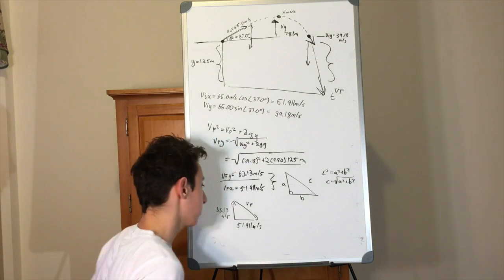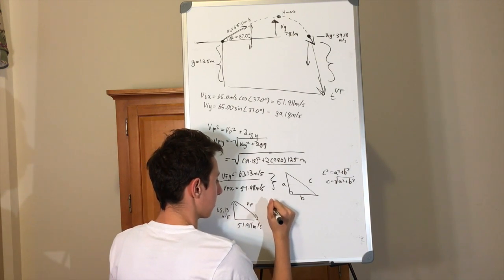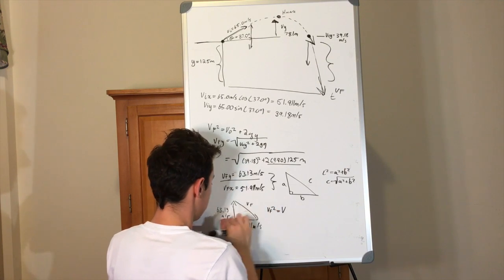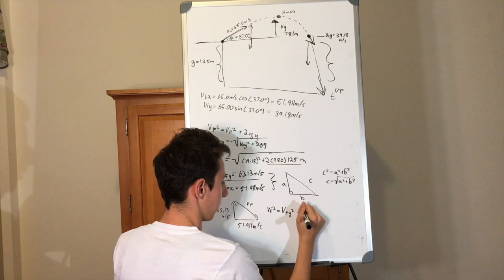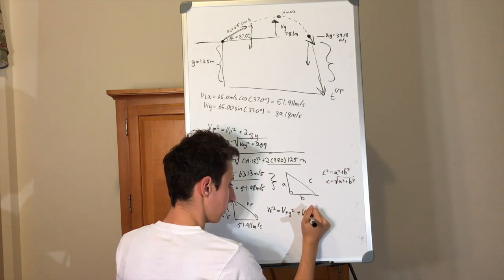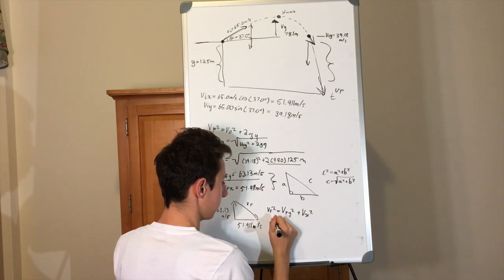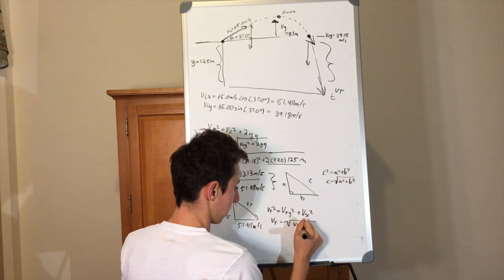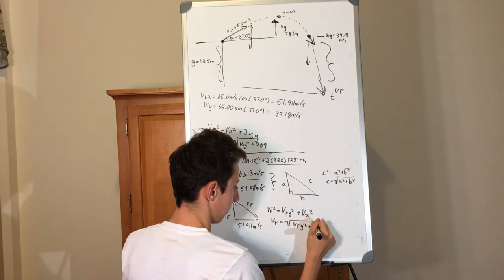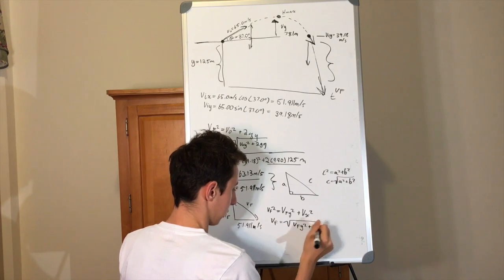the two different vectors. So our final velocity squared is going to be equal to our y component squared plus our x component squared. So our final velocity is going to be equal to the root of our final velocity in the y squared plus our final velocity in the x squared.